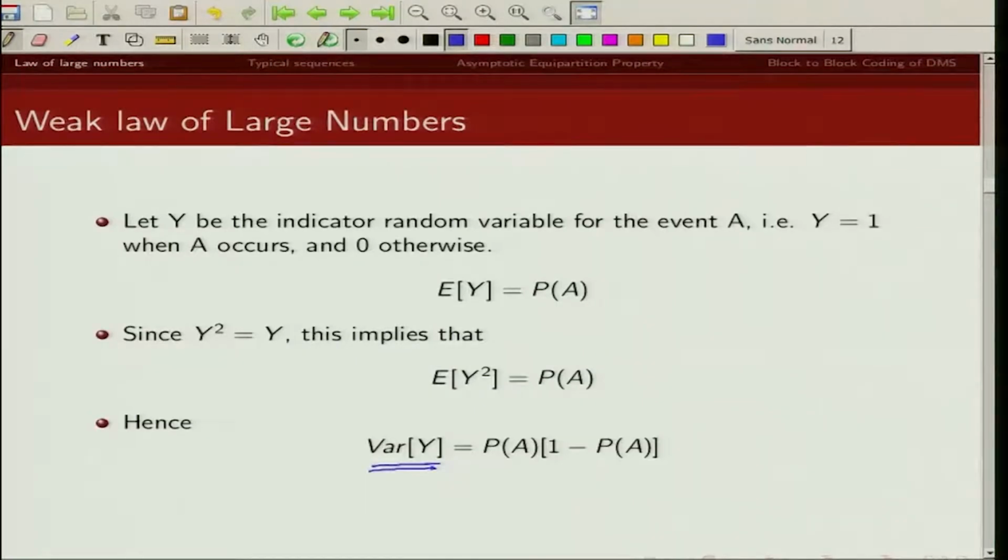This can be written as the expected value of y square minus the expected value of y whole square. So that will be given by the probability of A minus the probability of A whole square. So that is nothing but the probability of A into 1 minus the probability of A, where A is that event that |x minus mu of x| is greater than or equal to epsilon.